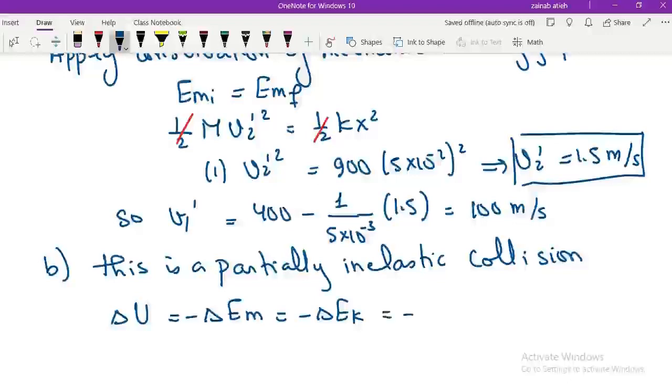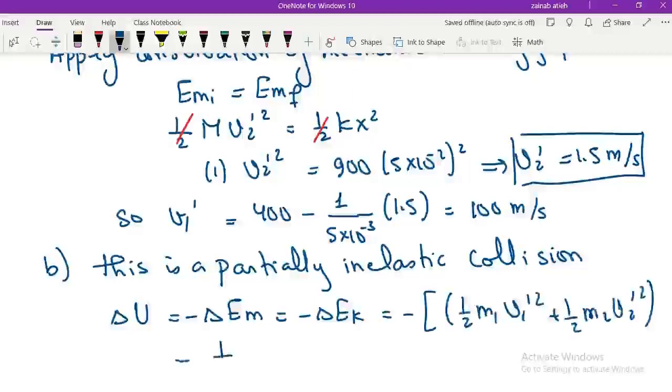It's equal to minus EK after, which is half M1 V1 prime squared plus half M2 V2 prime squared, minus before, where only the bullet was in motion, half M1 V1 squared. So we've got everything.